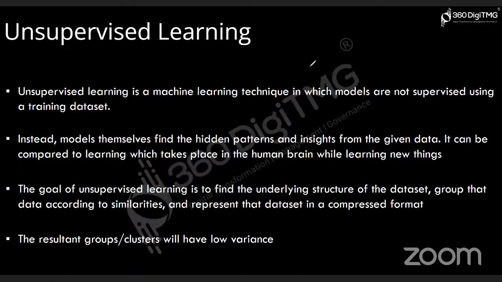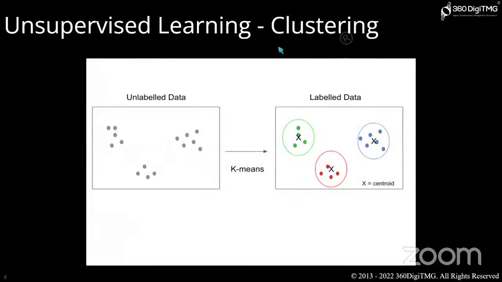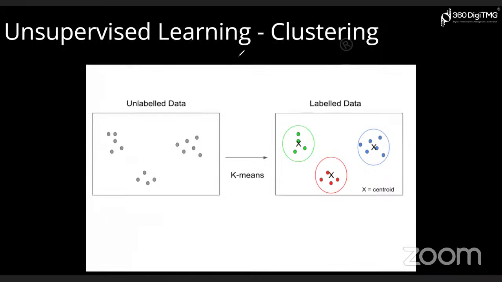Okay, let's go to the next slide. Here we can see how this occurs. We have unlabeled data, so we don't know the output of these labels. By using our clustering algorithm, we will now cluster it and label the data.